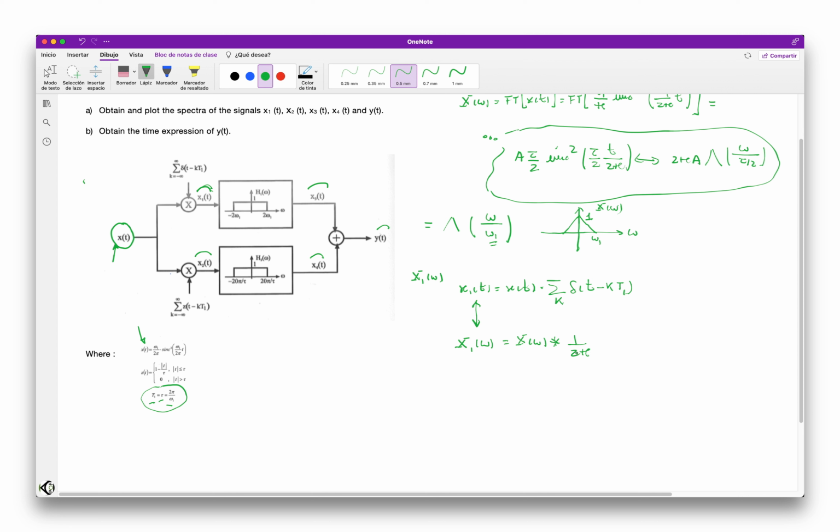Remember this coefficient 2 pi when the multiplication in time goes into convolution in frequency. So 1 divided by 2 pi, the Fourier transform of the train of deltas.